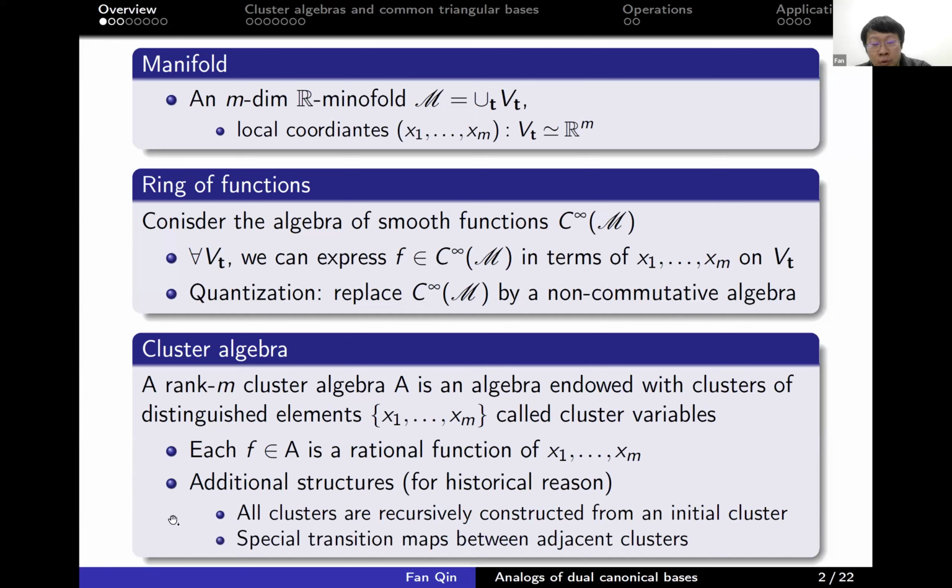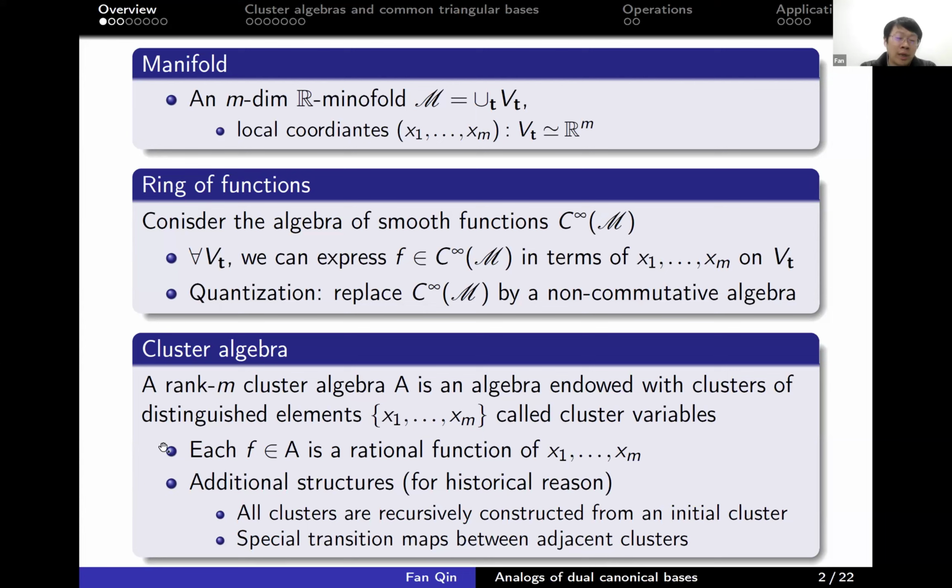Moreover, we require some very special transition maps between adjacent clusters. These are for historical reasons, and the second condition is, in some sense, too restrictive. Nowadays there is some progress in generalizing the transition maps, and this leads to the concept of generalized cluster algebras.